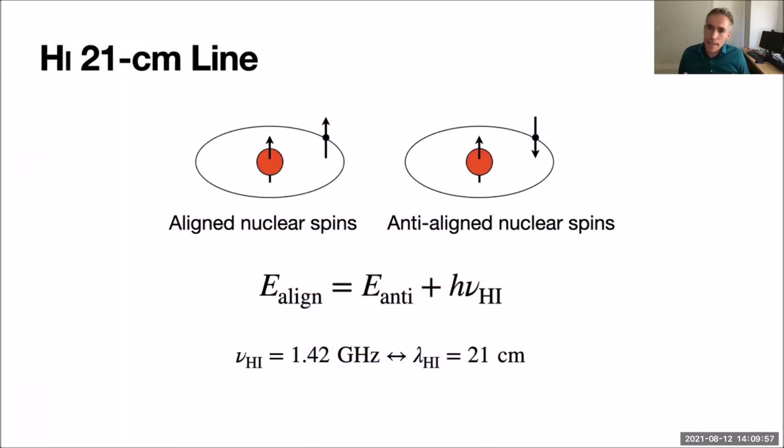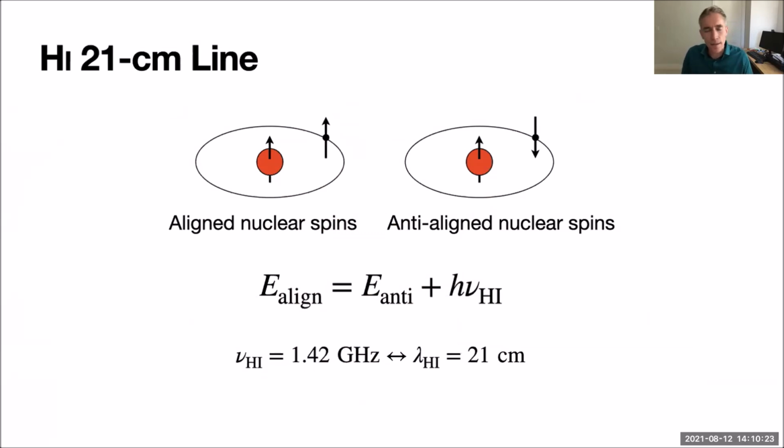Well, I need to rely on an observational tool, and that's the HI 21 centimeter line. I've told you where the HI comes from, but this 21 centimeter line is coming from a specific hyperfine transition in the atomic hydrogen atom. What's happening is you have the nuclear spin of the proton and the spin of the electron can be in two states, either aligned or anti-aligned.